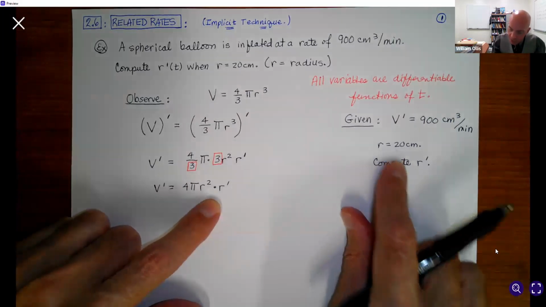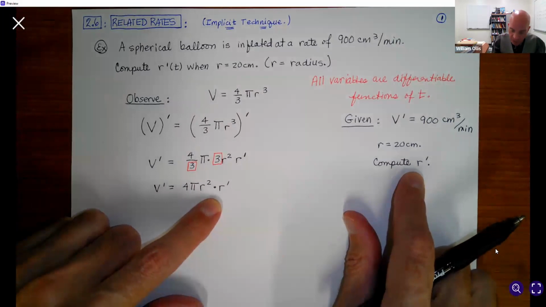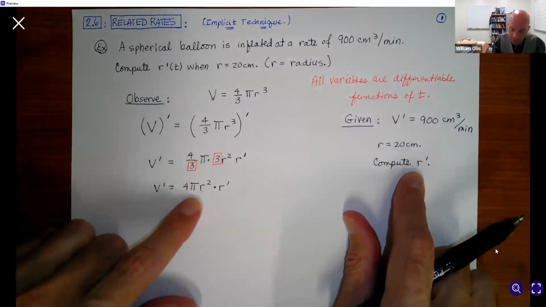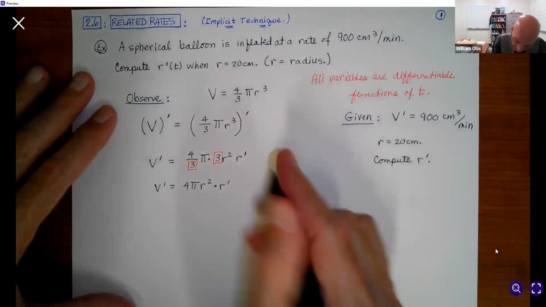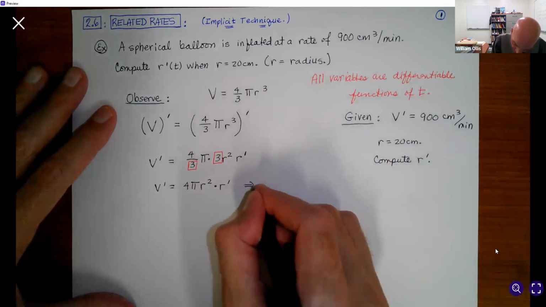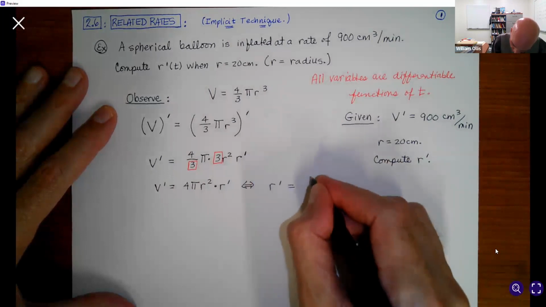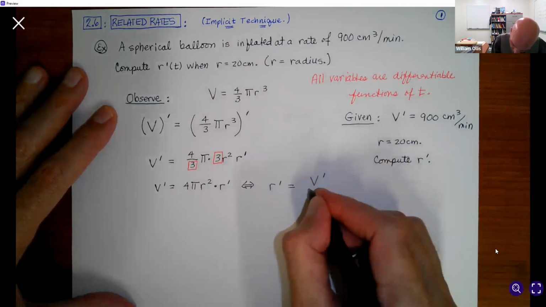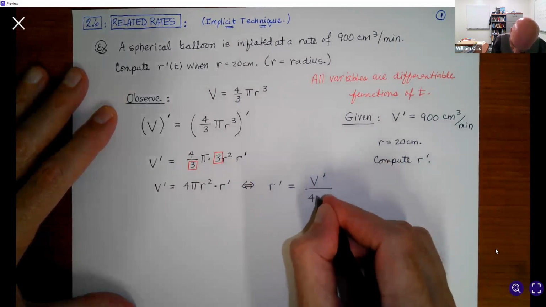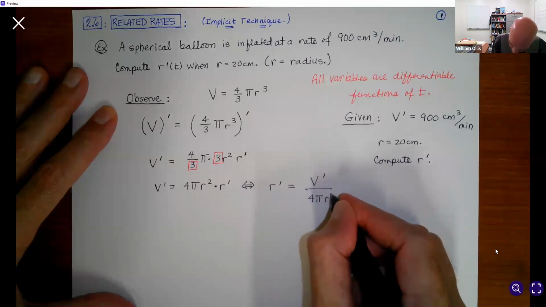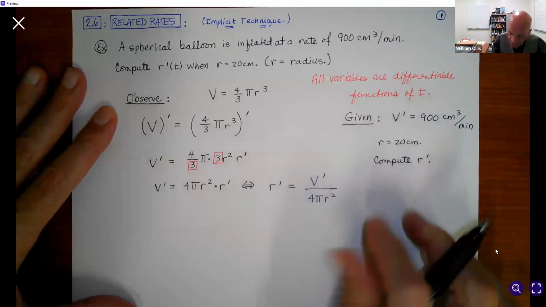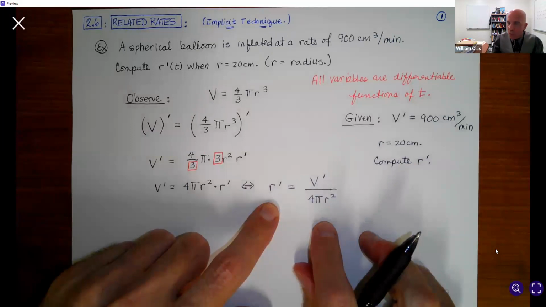And now, of course, as we see here, we need R prime, so we can simply divide B prime by 4 pi r squared. And this gives us the relation between the rates.